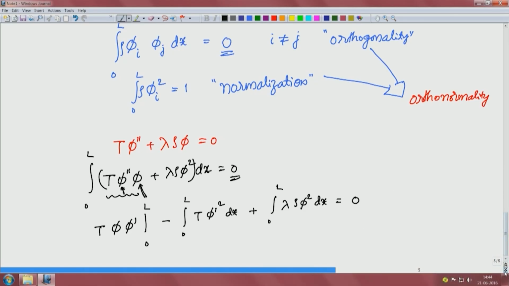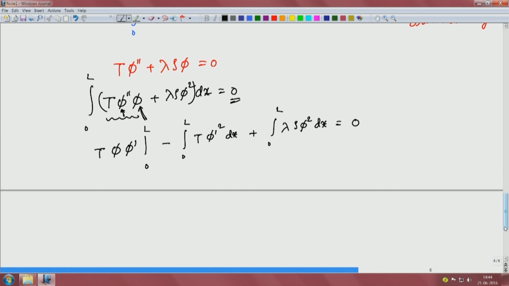Now, if you look at this boundary quantity, phi is our spatial function for the string vibration w. Remember that w, which is a function of x and t, we have taken as phi of x times q of t, our separation of variables technique.